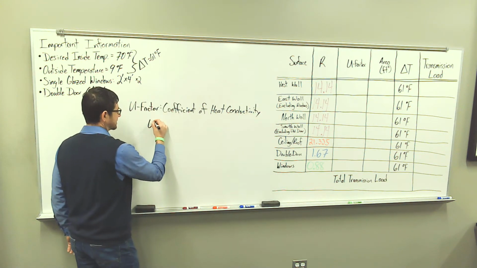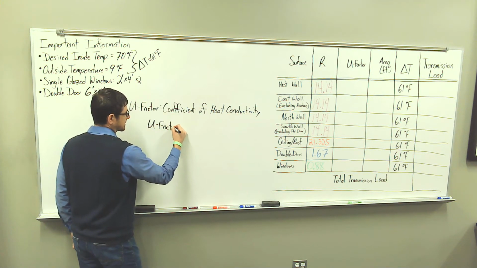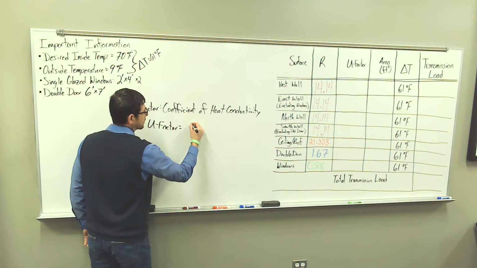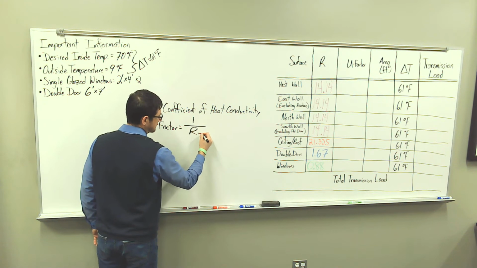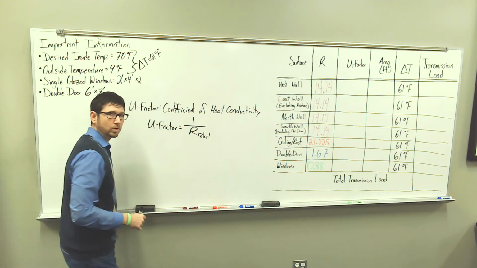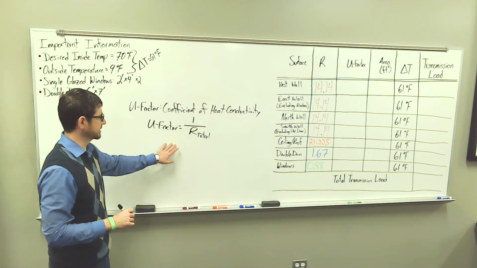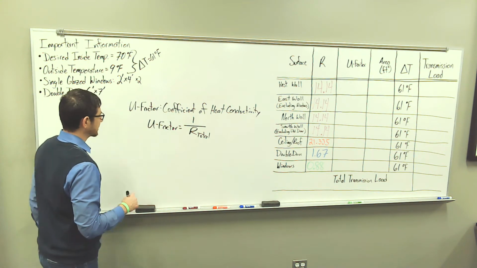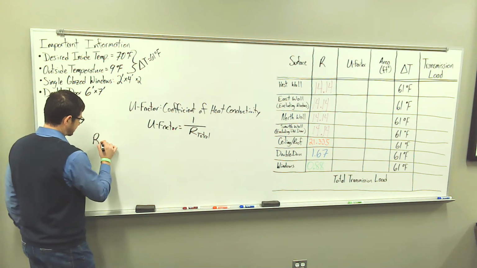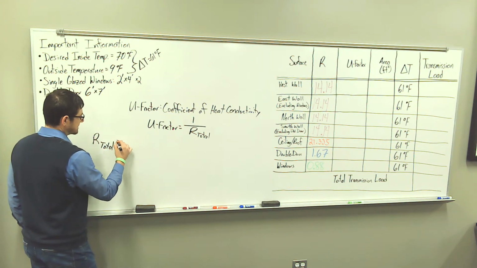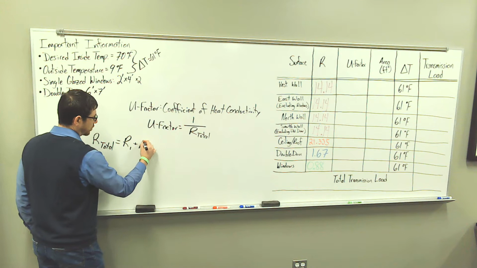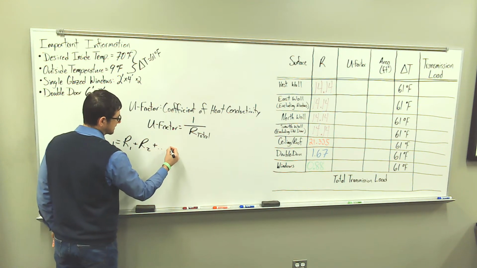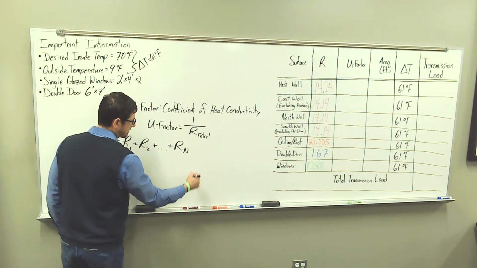And the equation is 1 divided by the total R value for the surface, okay? And so R total is equal to R sub 1 plus R sub 2 plus dot dot dot plus R sub n.